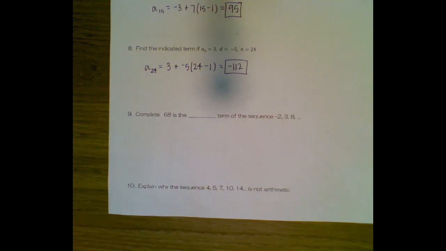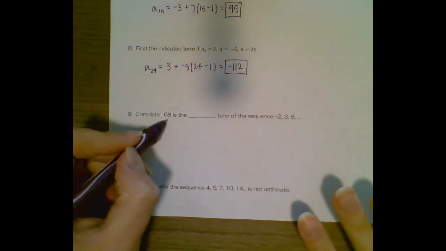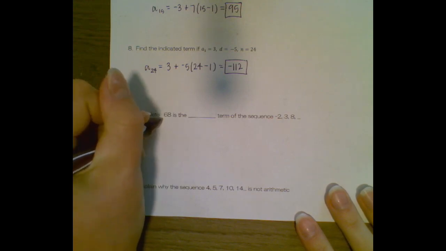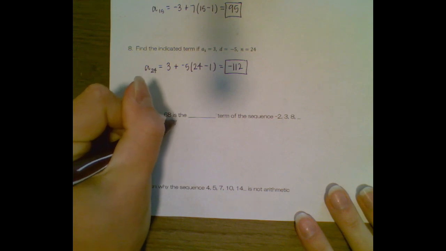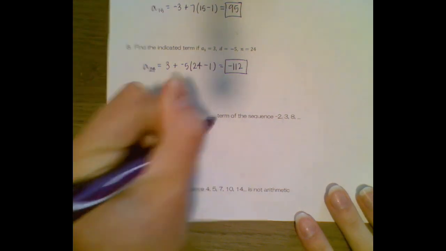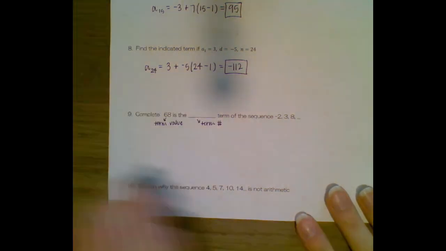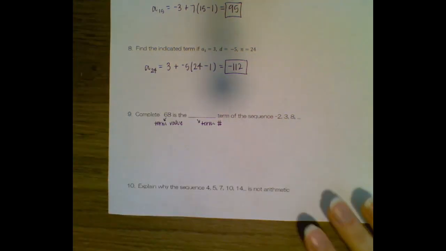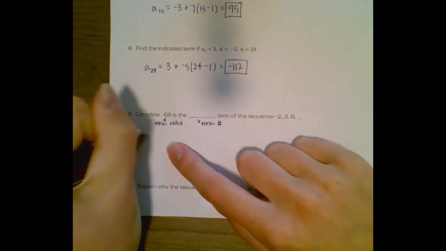So we are actually going to find what term number 68 is. 68 is the term value. We want to find the term number, like where it falls in the sequence of this. So we know that the term value is 68.